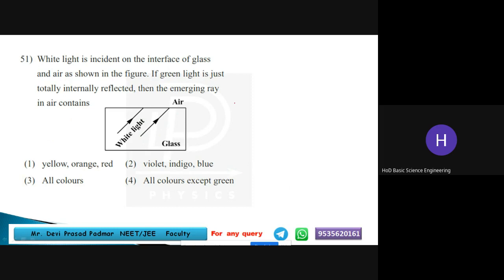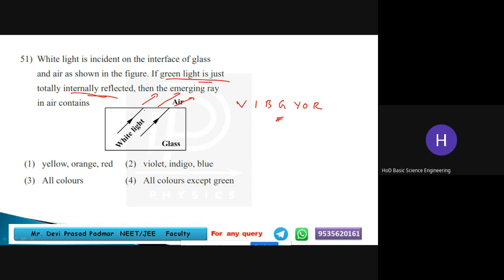So you know VIBGYOR. Now given that green light is just total internally reflected. Now what do you have to consider here? What are the colors that come out from this?